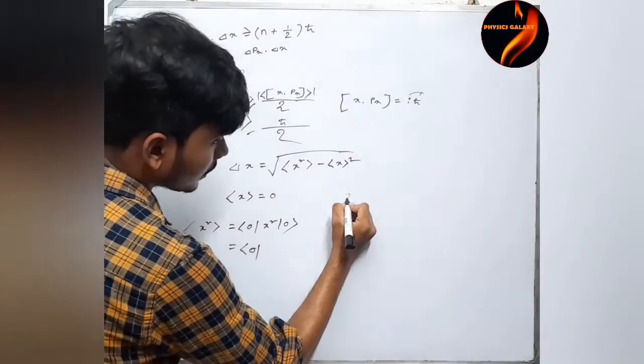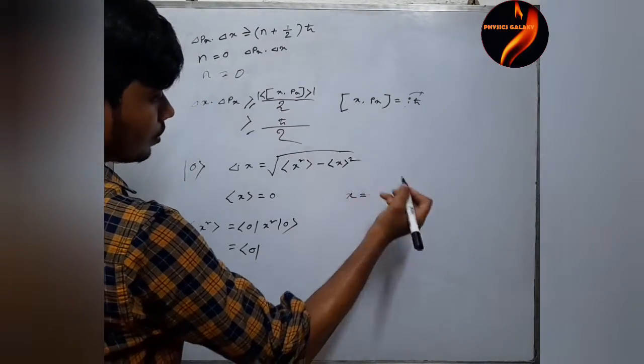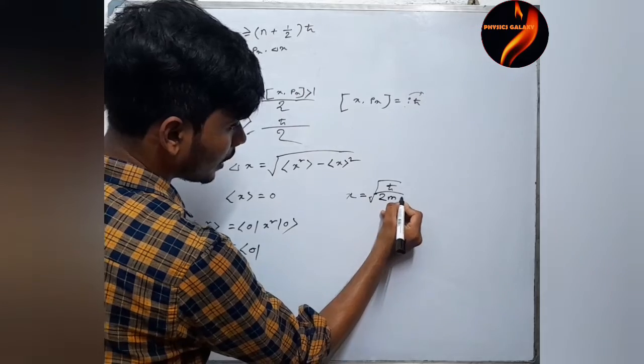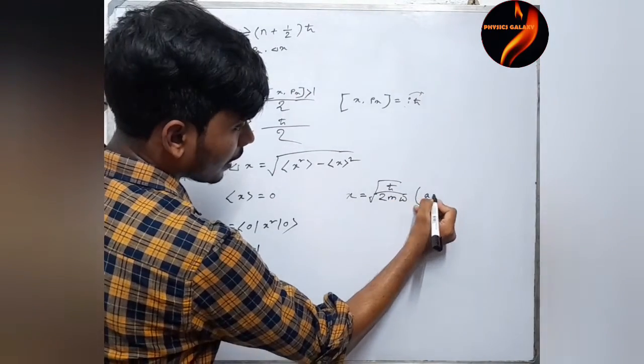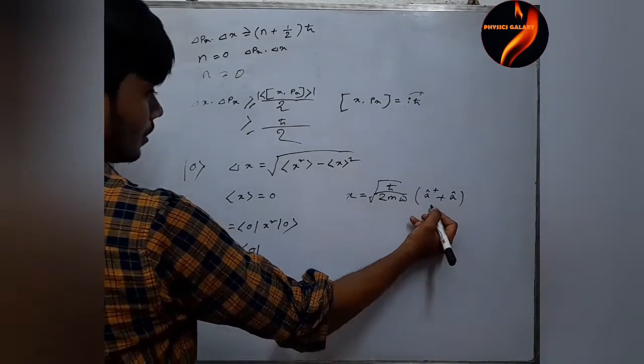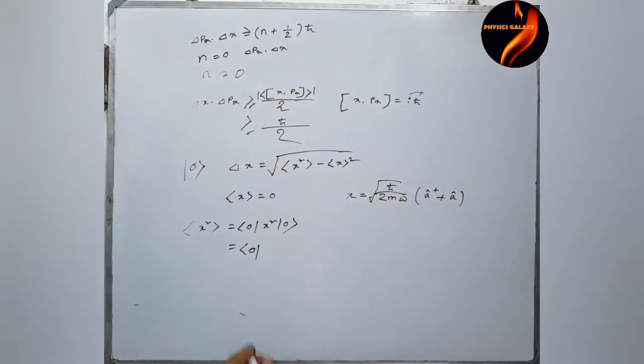We know that x can be written in operator form as root of h cut by 2m omega into (a dagger plus a), where a dagger is the raising operator and a is the lowering operator.